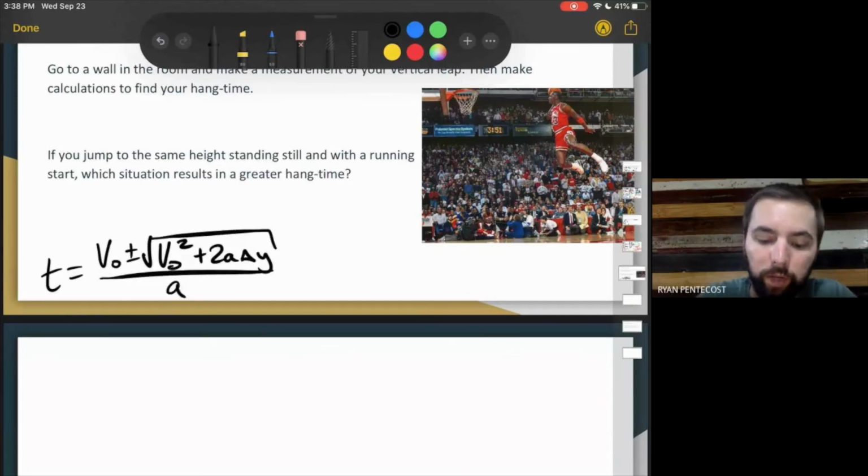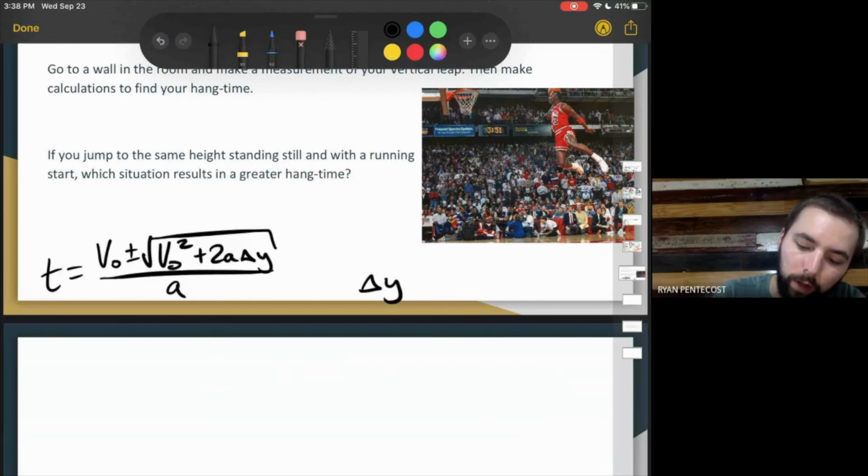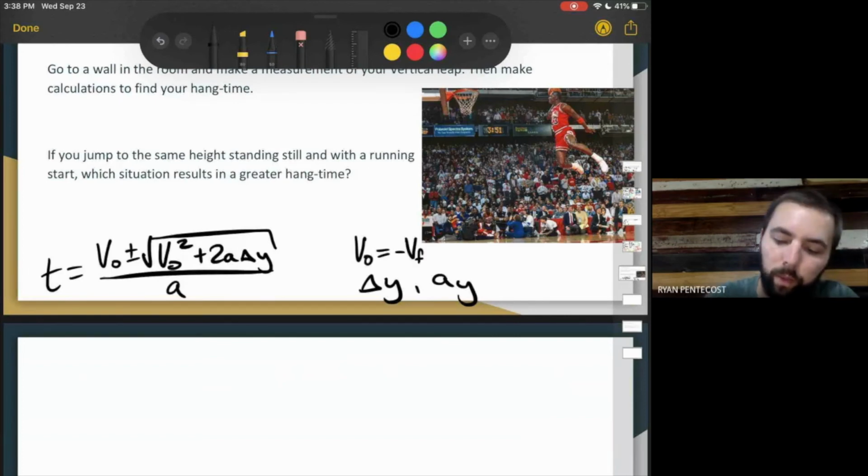But we don't know what your v naught is. What we know is your delta y and the acceleration in y. We do know that v naught is going to be negative vf, or you could say vf is negative v naught. It's the same thing. But we don't have time. So let's see what we can do about that.